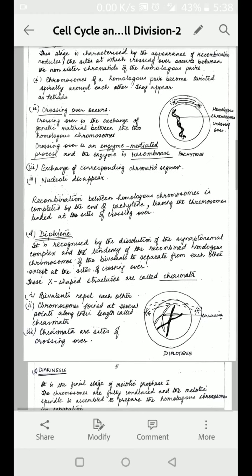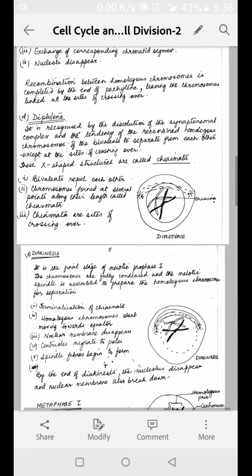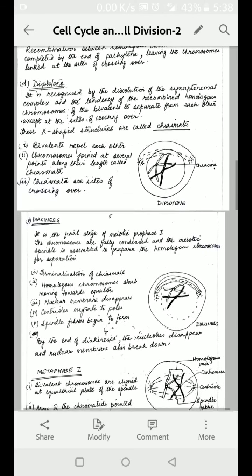Diplotene is followed by the last stage of prophase 1, which is called diakinesis, the final stage of meiotic prophase 1.